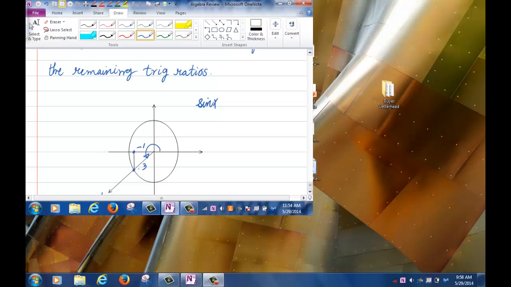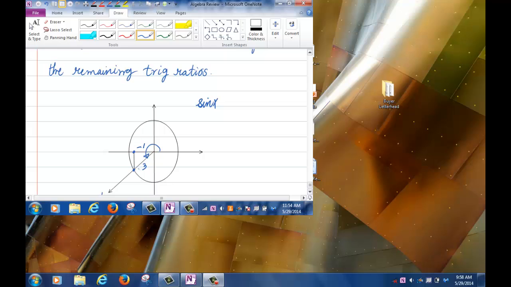What is that? 9 minus 1, right? The square of negative 1 is positive 1. Negative 1 times negative 1 is positive 1. So 9 minus 1 is 8, and then I have to take the square root of that.